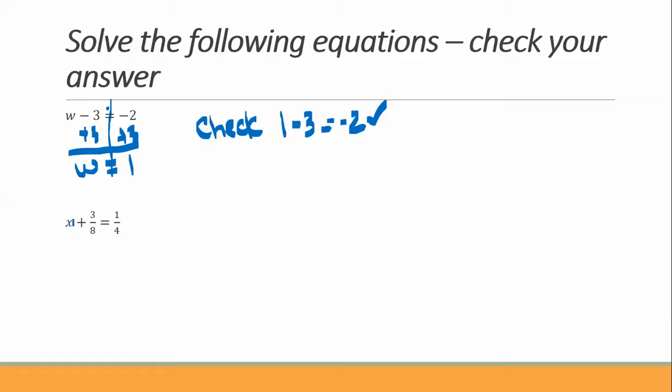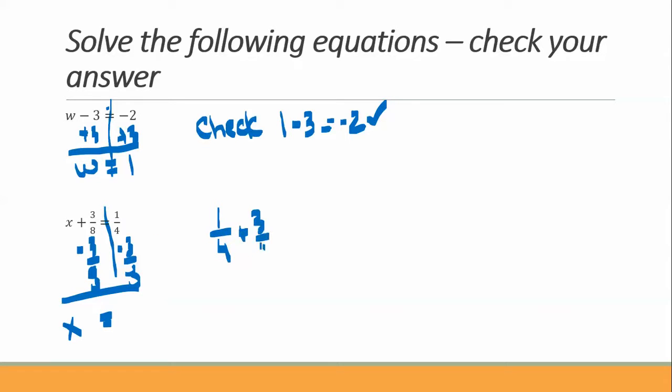Just because it's a fraction doesn't mean we can't do it. We're going to do the same thing. We have to move across the bar, so we're going to subtract 3/8 from both sides. Remember, we'll have x equals now, and then we'll do this off to the side, 1/4 plus 3/8.